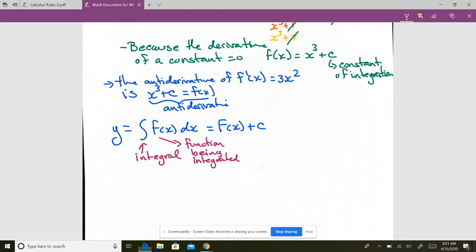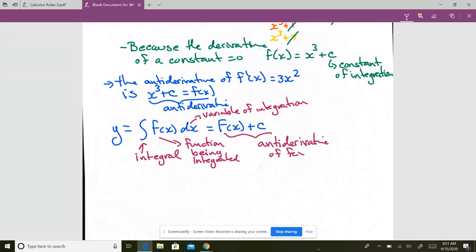And this is the variable of integration. And as we said before, this is the antiderivative of little f of x. So when you do an integral, basically you're finding the antiderivative.